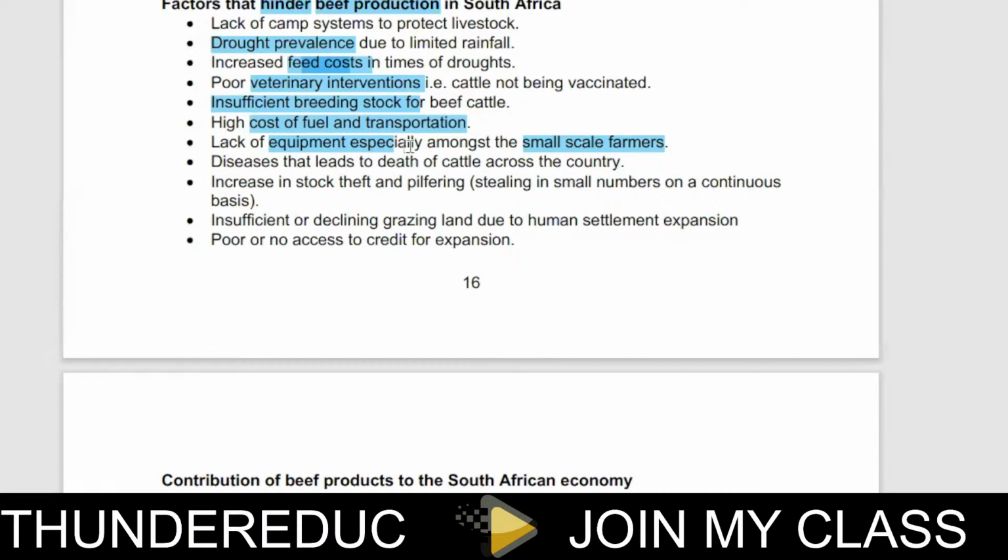Maybe you need a spraying machine, or a proper farm, maybe to preserve your beef or your milk. But because you don't have money to buy all that equipment, you end up operating at losses. Lack of equipment ends up discouraging farmers and affecting productivity.